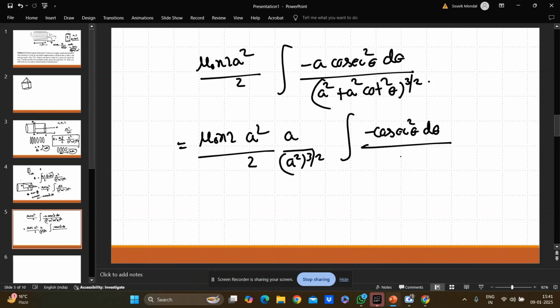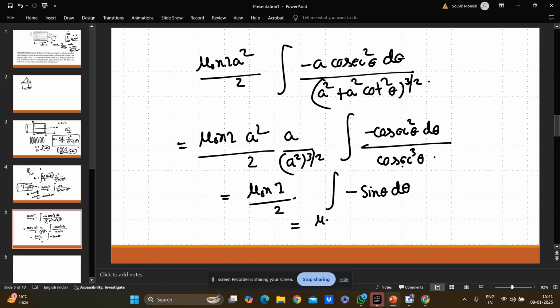Now 1 plus cot square theta is cosec square theta, and cosec square theta to the power 3 by 2 is equal to cosec cube theta, right? So mu naught n I by 2, integration of minus cosec square theta by cosec cube theta, it is simply sine theta d theta. Okay, is equal to mu naught n I by 2, simply you get cos theta.